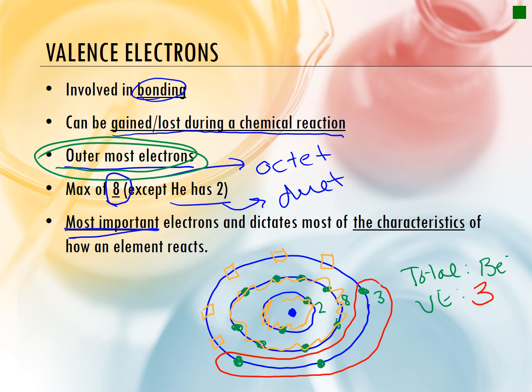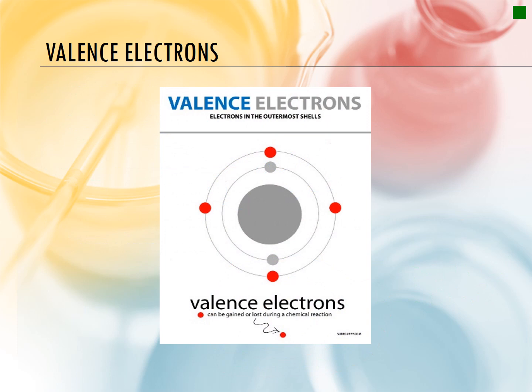Okay, so all you have to do is look at an image and then count however many are on the last ring. So with this one, here's my nucleus. So my total number of electrons is 1, 2, filled up that whole row, 3, 4, 5, 6.